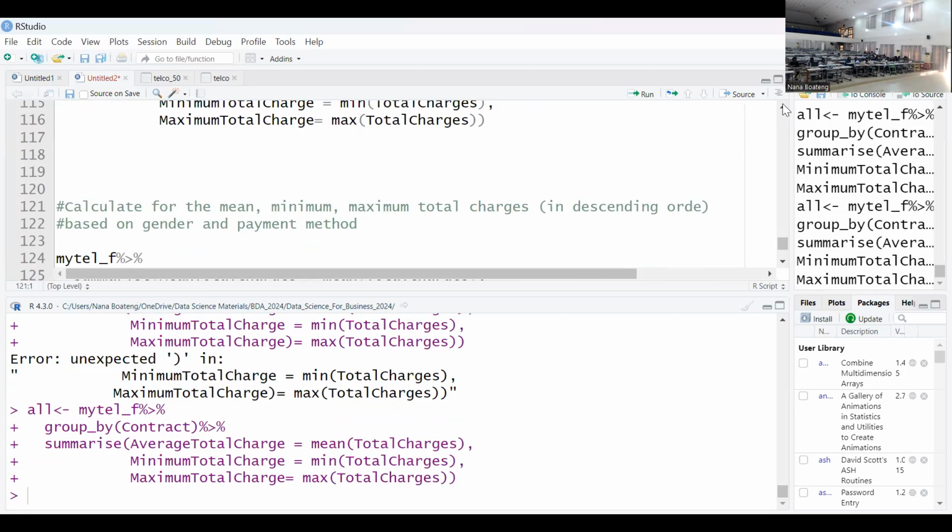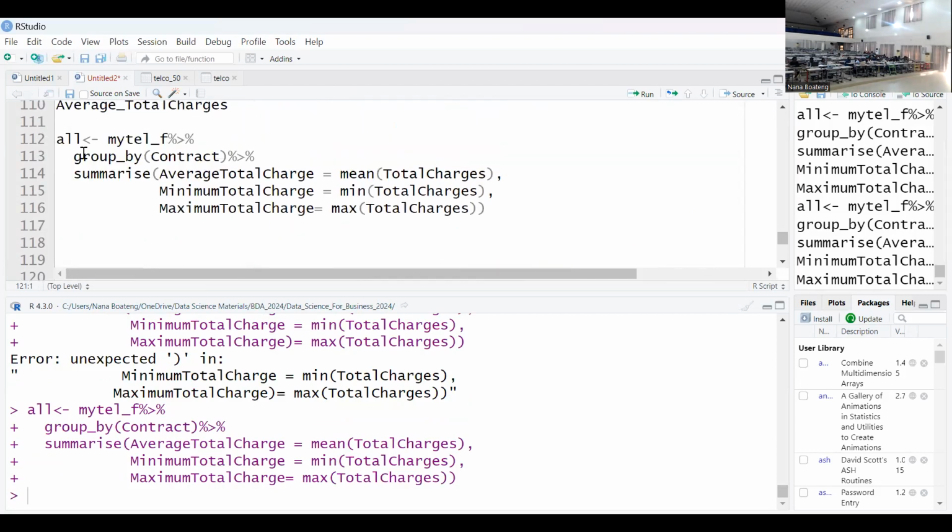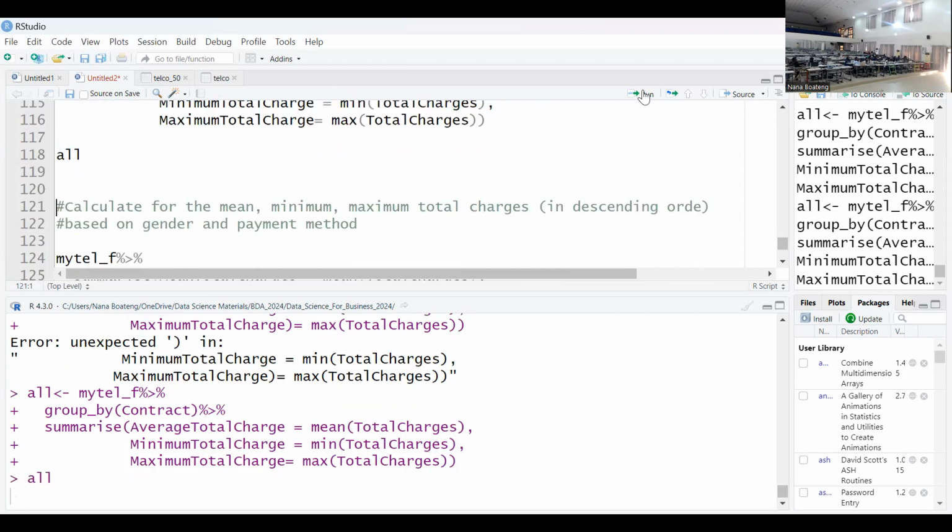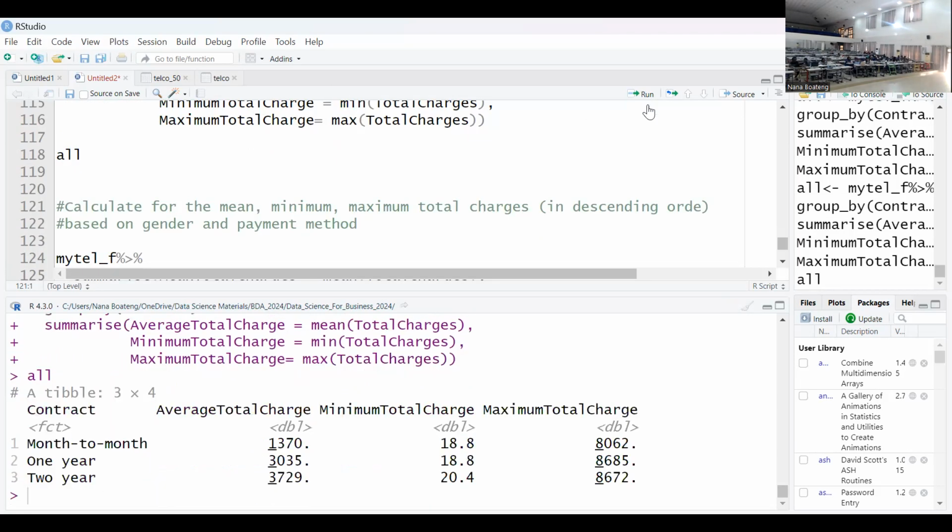So when we execute all, it should give us information on all the contracts. So you see that this one gives us more in-depth information.